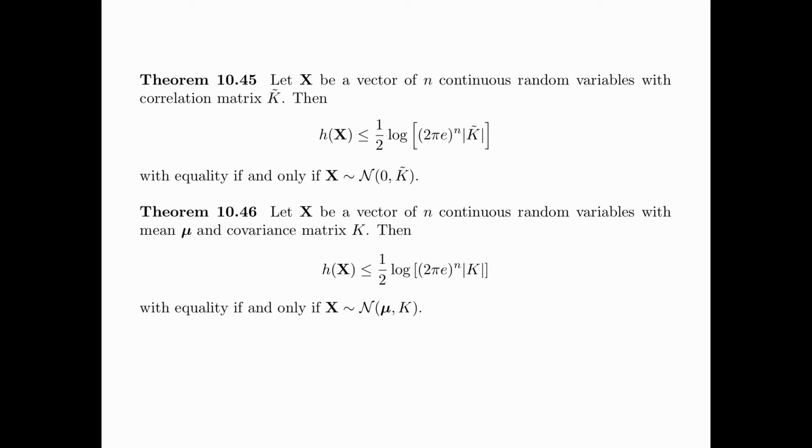Theorem 10.46 says that for a random vector with mean mu and covariance matrix K, the differential entropy is upper bounded by 1/2 log of (2 pi e)^n times the determinant of K, with equality if and only if X is a Gaussian vector with mean mu and covariance matrix K.